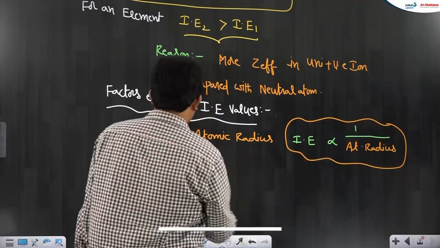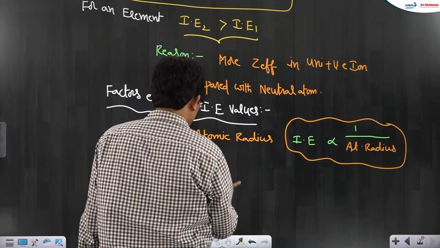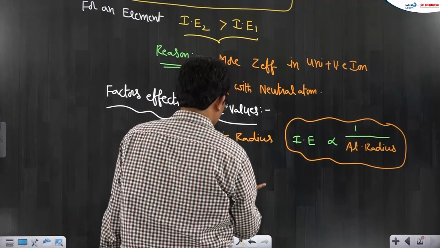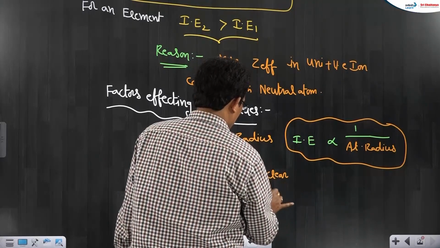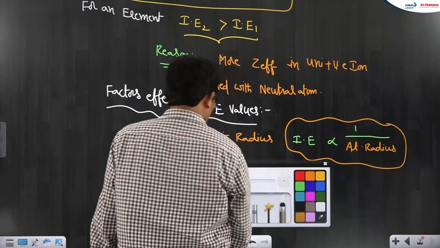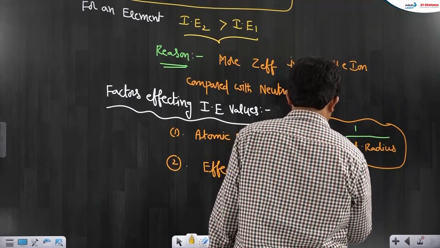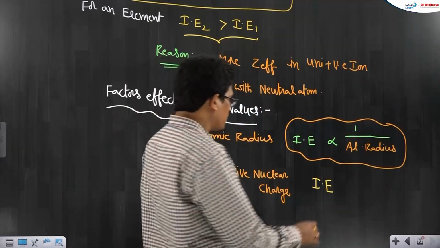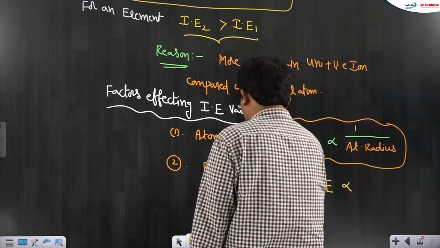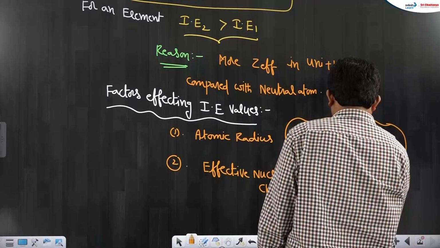One more important factor is effective nuclear charge. It is very important for solving objective model type bits. Ionization energy value is directly proportional to effective nuclear charge, Z effective.